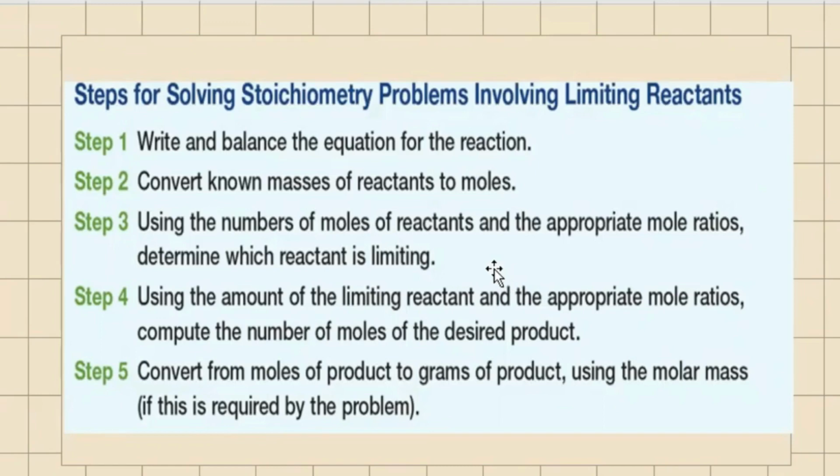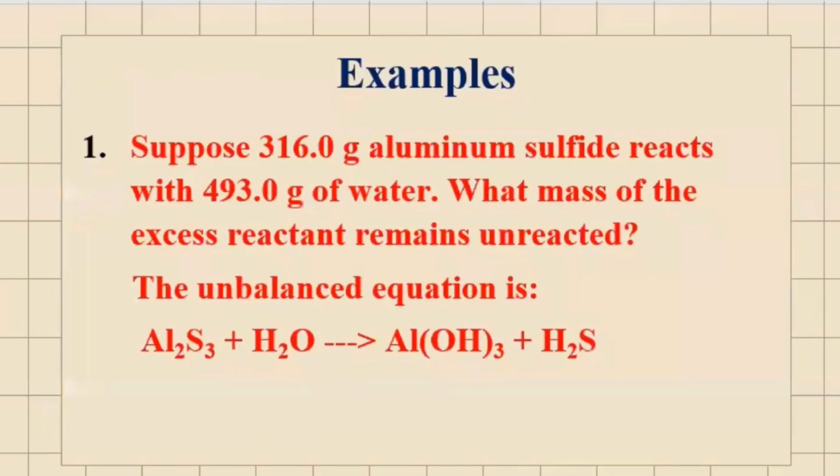Use the mole ratios of the two reactants, the excess and the limiting, to determine the limiting one. Fourth, using the amount of limiting reactant and the appropriate mole ratios, compare the number of moles to the number of moles of the desired product. Convert from moles of product to grams of product using the molar mass if this is required by the problem. For example, let's see the steps by using this example.